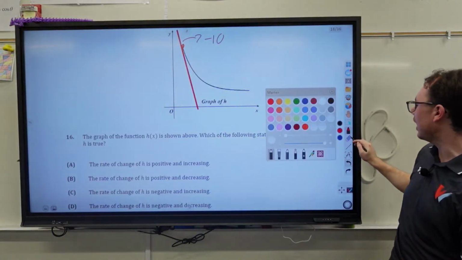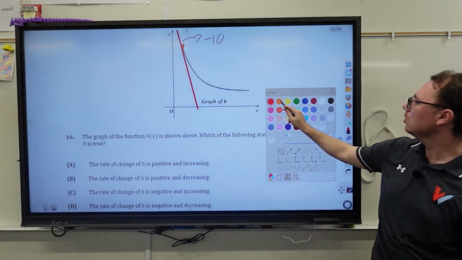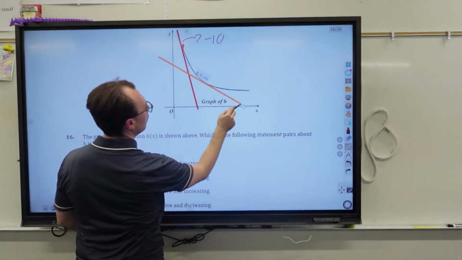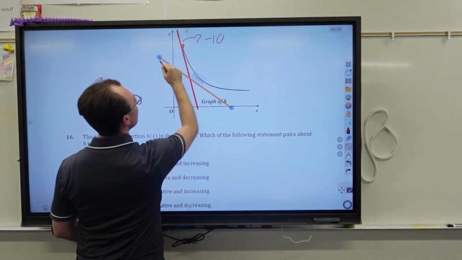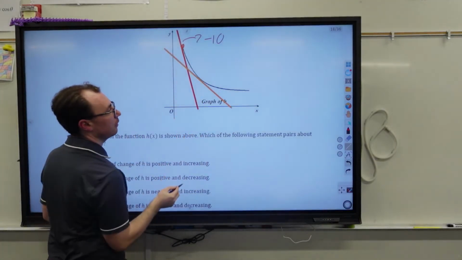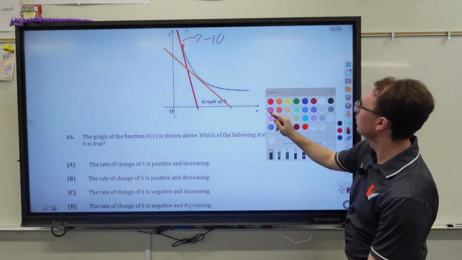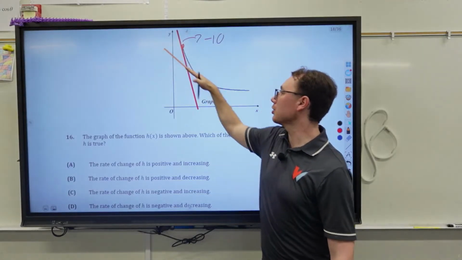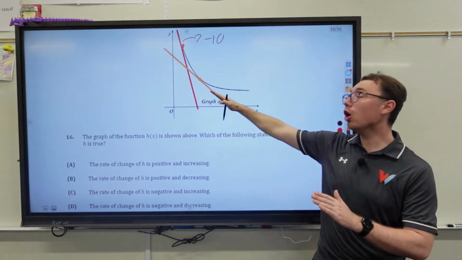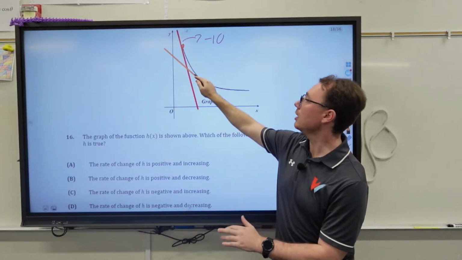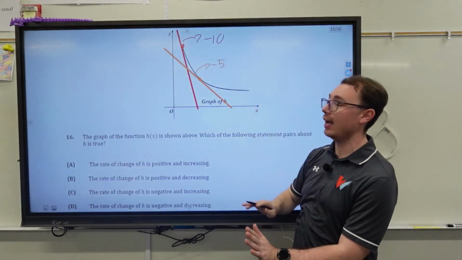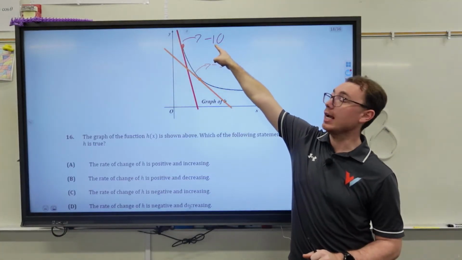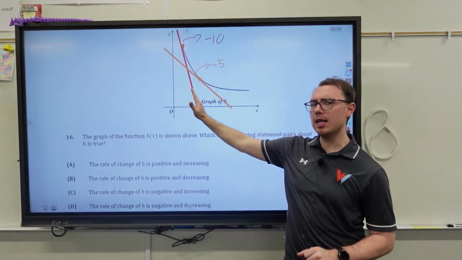Notice that later down on the graph here, let's do orange here. If we go later on this graph, we take the slope at that specific point here. We know that at this specific point on the graph, the slope is now larger because this slope here is like -5 now. I don't know what the actual value is, but I know it's greater than -10 because this was a really steep negative slope.